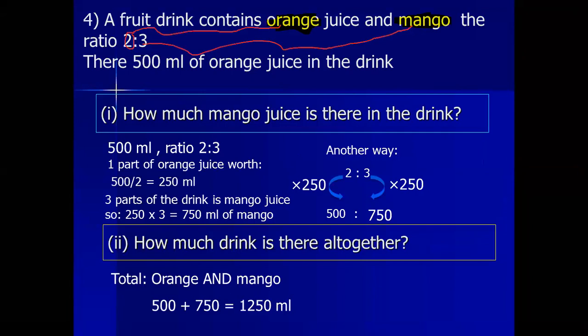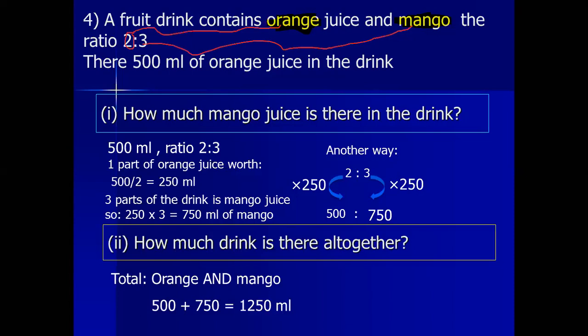You said 1 part of orange juice is worth 500 divided by 2, equal to 250 milliliters. Yes, right. Can't we do 500 divided by 3? Now look at the ratio. It's 2 to 3, right? And look at the first question. A fruity drink contains orange and mango. We say that the order is so important.